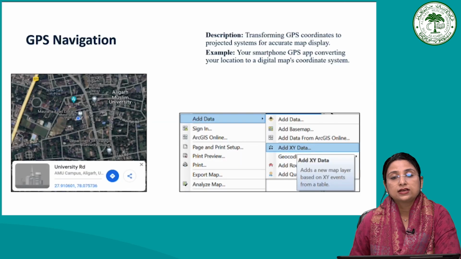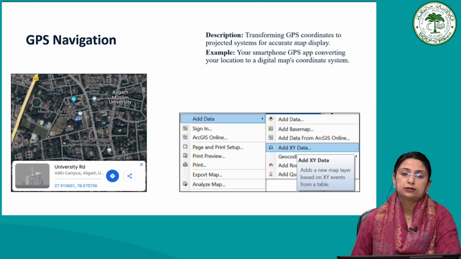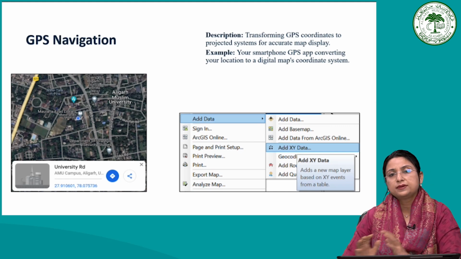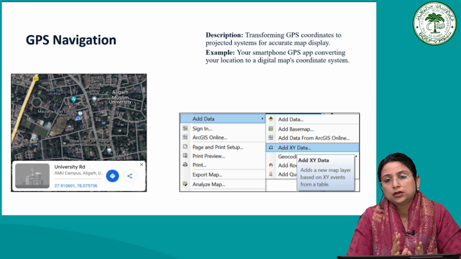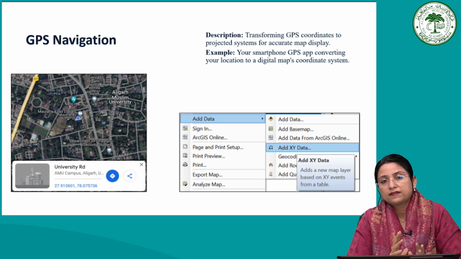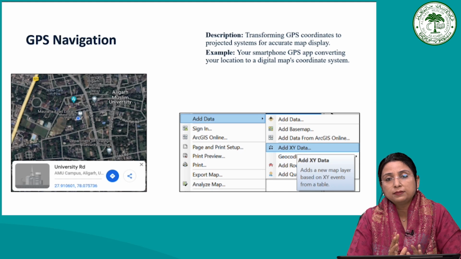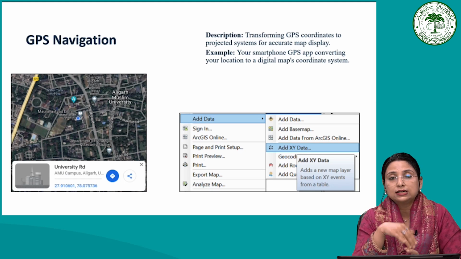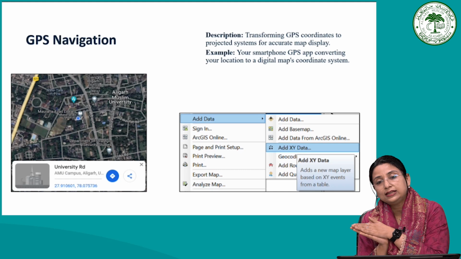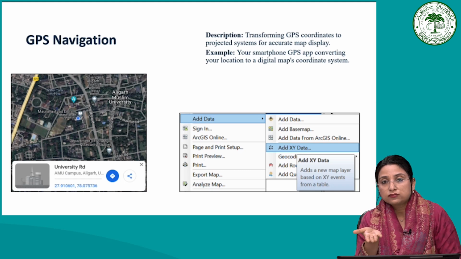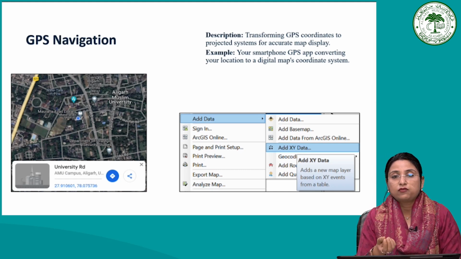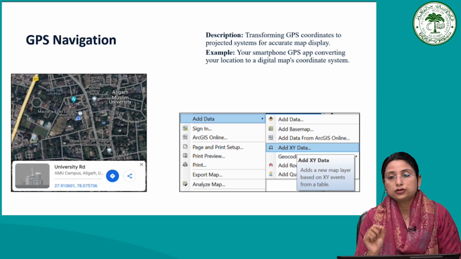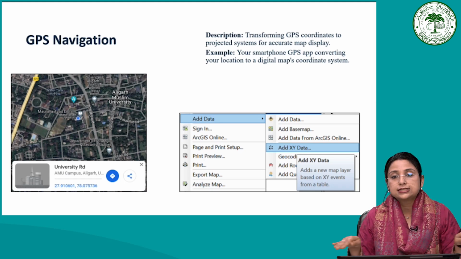When we talk about GPS navigation, we know GPS devices use a latitude and longitude coordinate system, which is known as a geographic coordinate system, in order to determine the position of a receiver on the Earth's surface. Suppose we have a GPS, then it will identify our latitude and longitude on the Earth's surface.